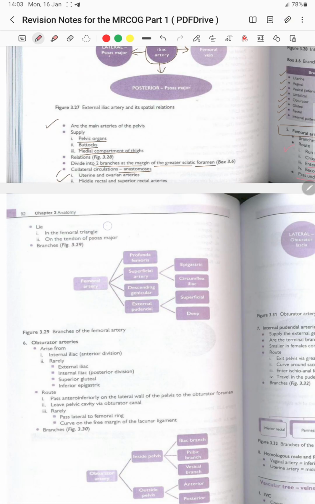It lies in the femoral triangle and on the tendon of the psoas major. The branches of the femoral artery are the profunda femoris, the superficial artery, descending genicular, and the external pudendal. The superficial artery is subdivided into the epigastric and the circumflex, and the external pudendal into the superficial and deep.